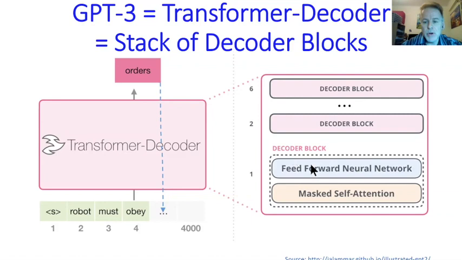Each decoder block consists of an attention mechanism, or in this case a masked self-attention mechanism, followed by a feed-forward neural network. I will not explain what a neural network is; I will assume that you all know that. It's another simplification: there are no recurrent neural networks like LSTMs, just a feed-forward neural network. So GPT-3 is much simpler than some of the previous models. It's just enormously big.